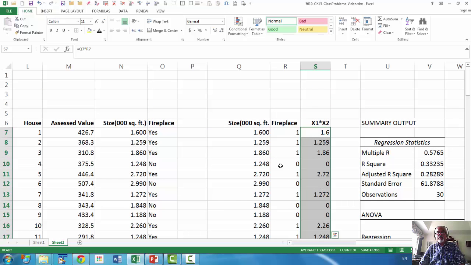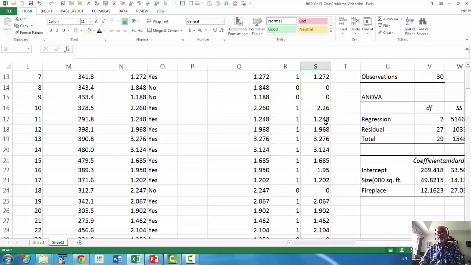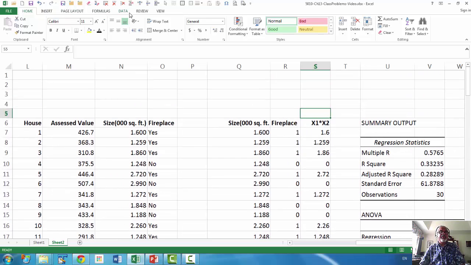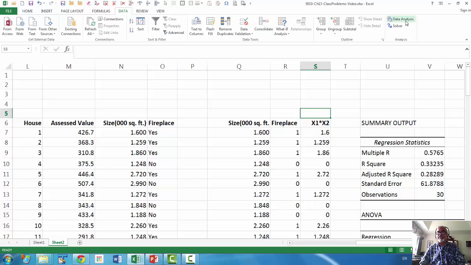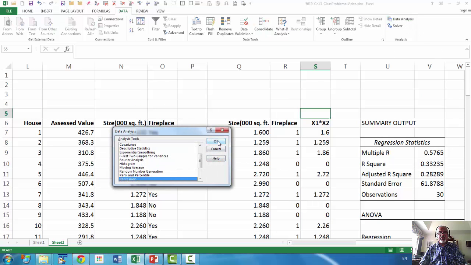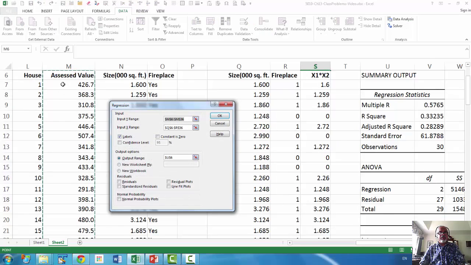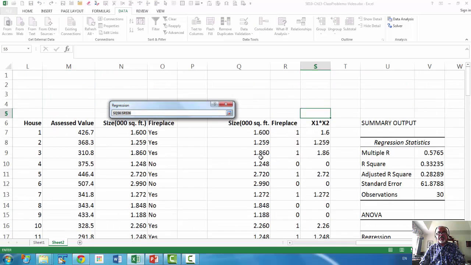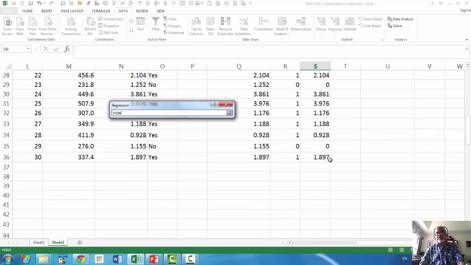Now we have x sub 1, x sub 2, and x sub 3. Now we can run the regression with these three columns as our X range. So regression, our Y being the same, but the X range is going to be x sub 1, x sub 2 and x sub 3.